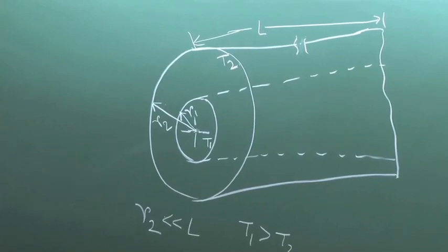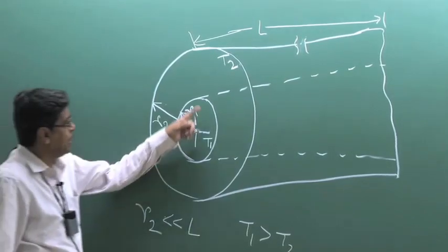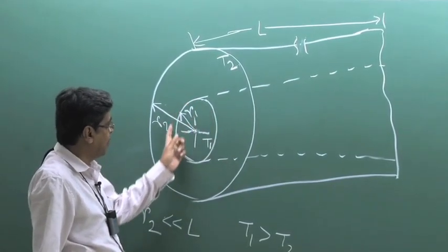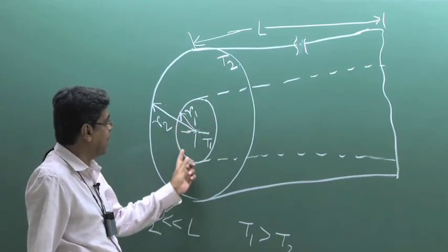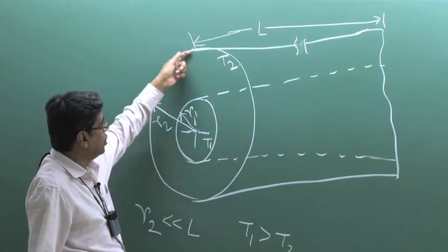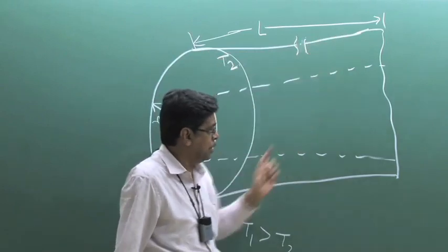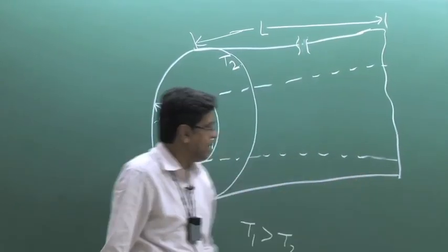Now in this case, since it is maintained at a constant temperature, there is no variation in the azimuthal direction, theta, and also the temperature is the same along the length of the cylinder.